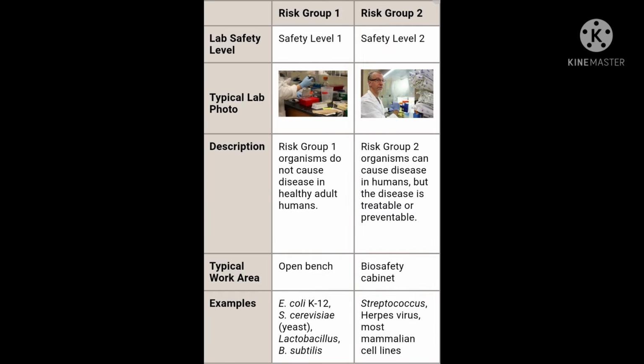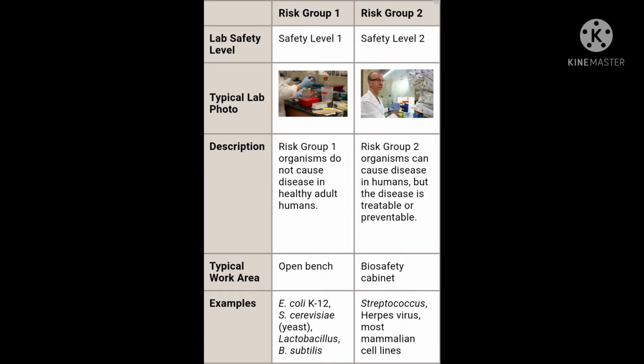An example of this group are Escherichia coli K12, S. cerevisiae or the yeast, can also have the lactobacillus or the Bacillus subtilis species. While the working area for risk group 2 microorganisms makes use of a biosafety cabinet.